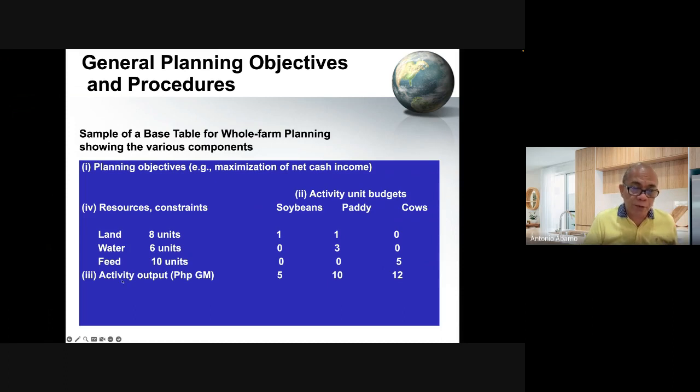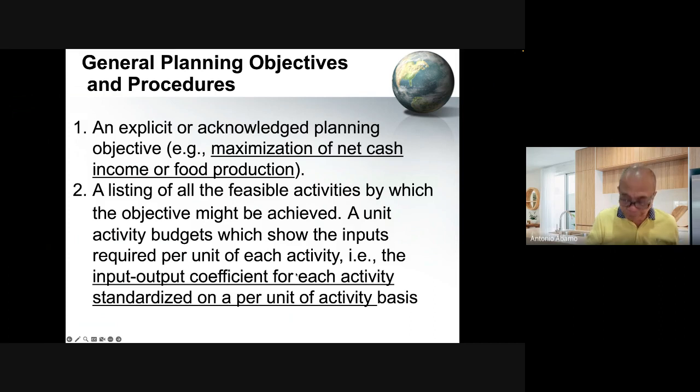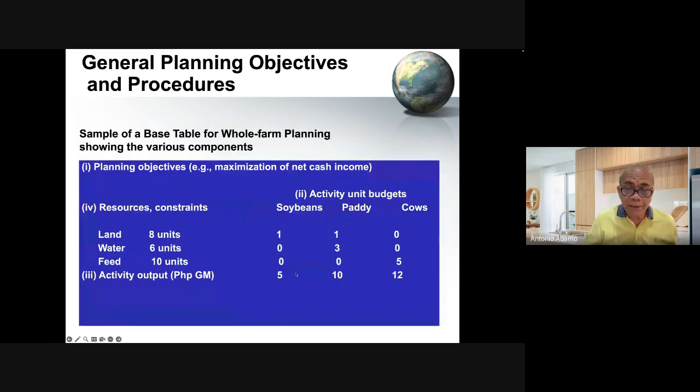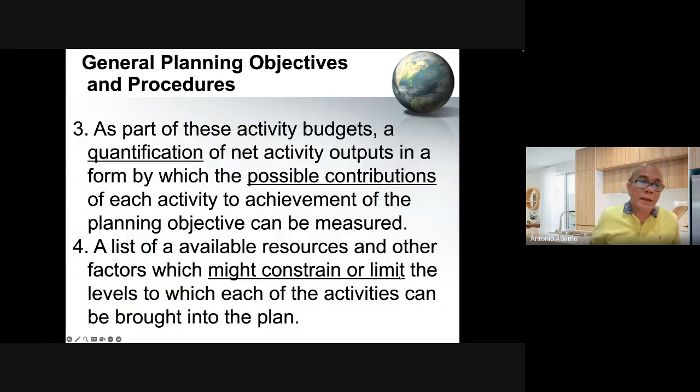Now this is the objective activity output. This is the objective, maximization of cash income, 5, and then you have 12 for cows. As part of this activity budget, a quantification of net activity output in a form by which possible contributions to achieve the planning objective can be measured.